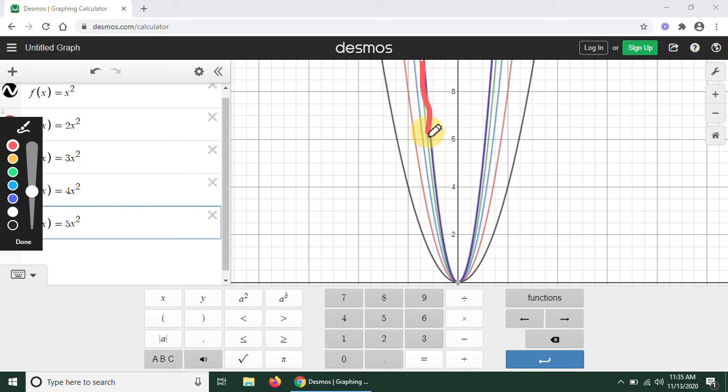If I keep on stretching it, I'm going to have something looking like this, where it gets narrow. As I stretch the rubber band, the space in between is getting narrow.